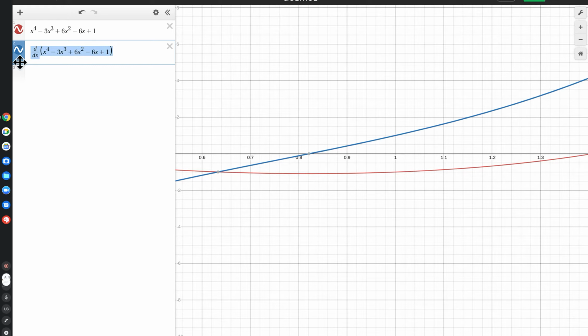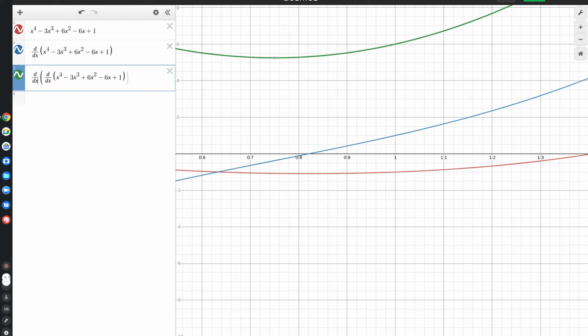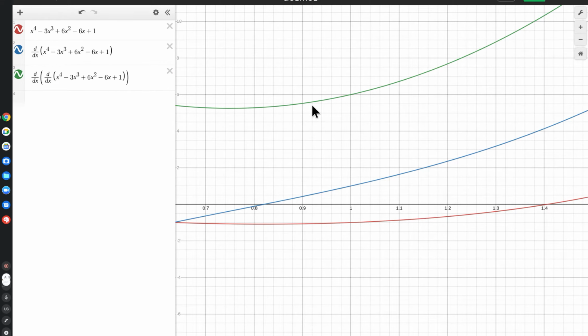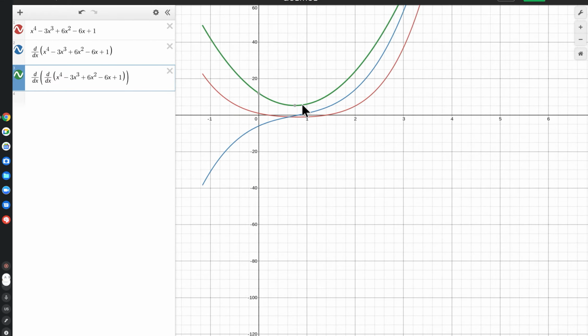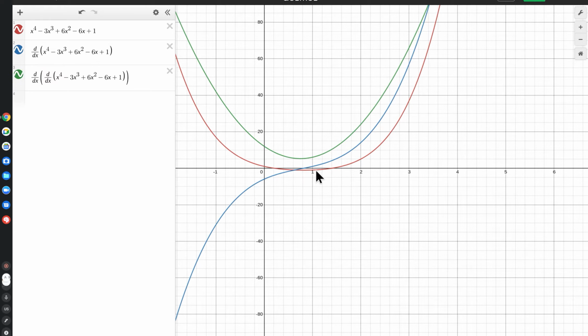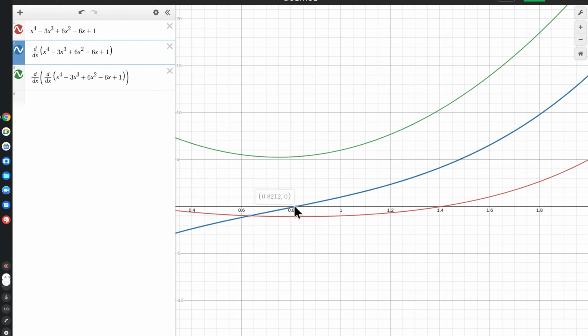Now I can take the derivative of this function, so you can see something else. What you see over here might look totally unrelated, but at this point you notice that it's positive. And if you know what the first and second derivatives do, this means it's concave up.